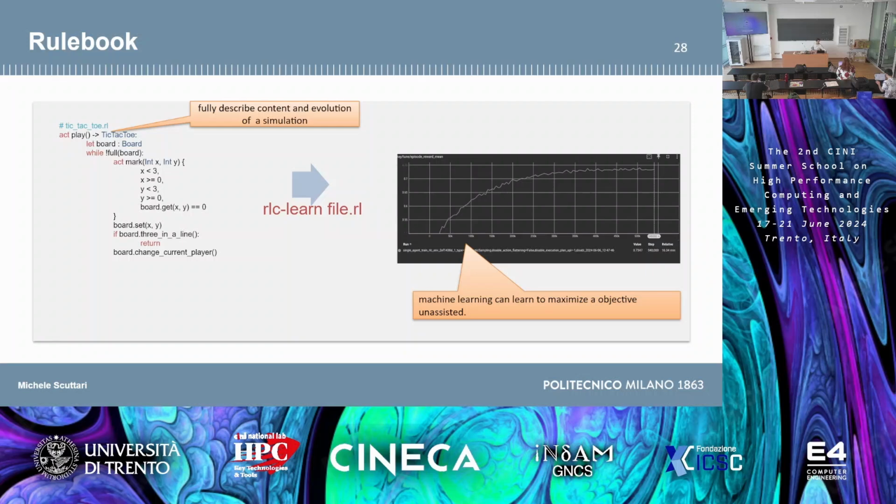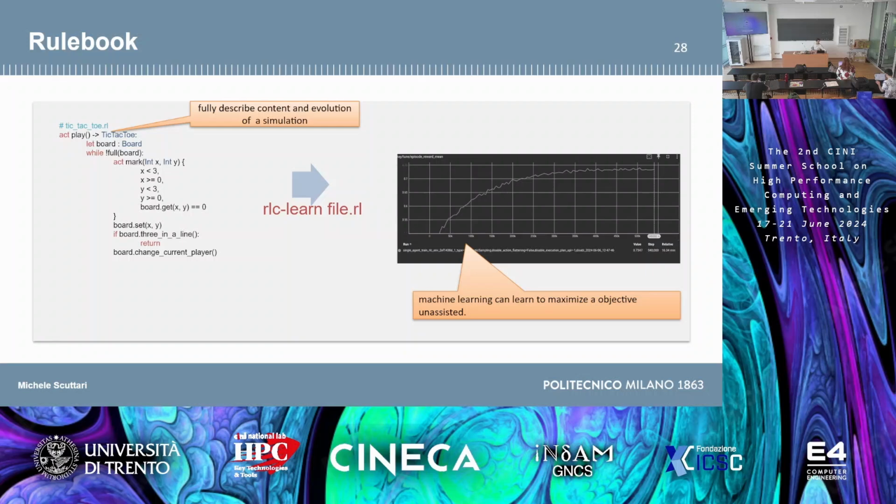And what the compiler does is translate this program into an optimized library, where this is exposed as a class, as in there is a class that represents the simulation, in this case, the simulation of tic-tac-toe. And then you get methods, such as mark, which are the actions that let you operate on the simulation. In this case, they let you mark the slot on the board.